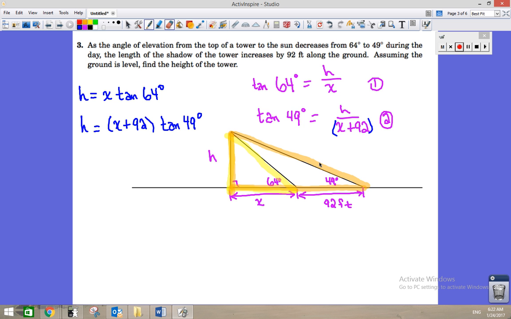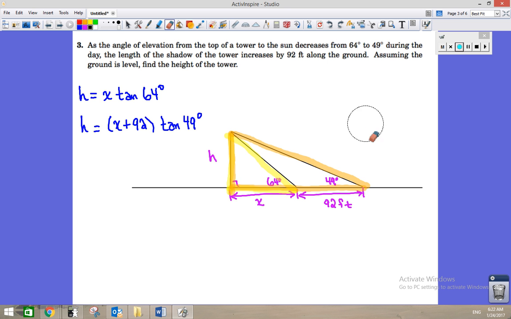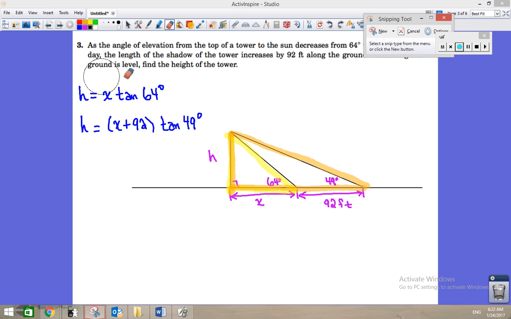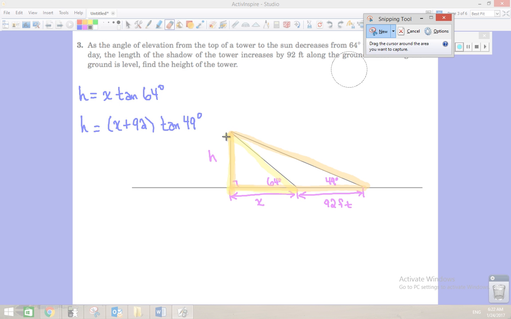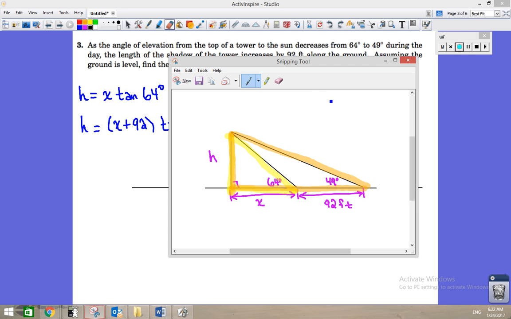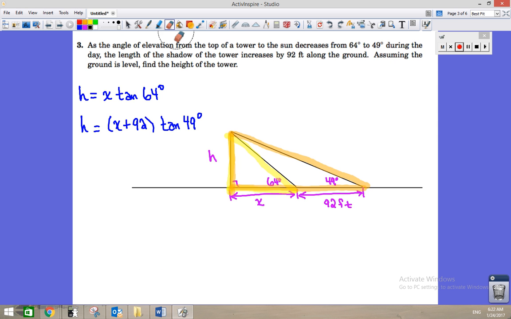Alright, so I'm going to erase this stuff and give myself some room to work here, in case I forget what the picture looks like. I'll have a picture of it that I can pull up.